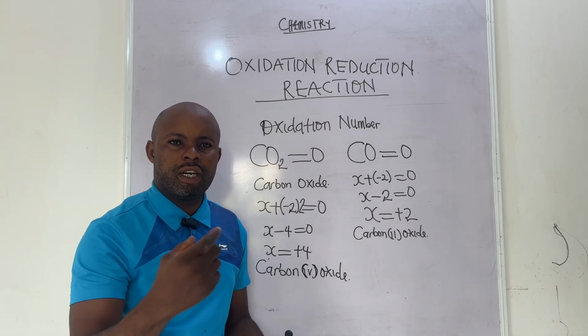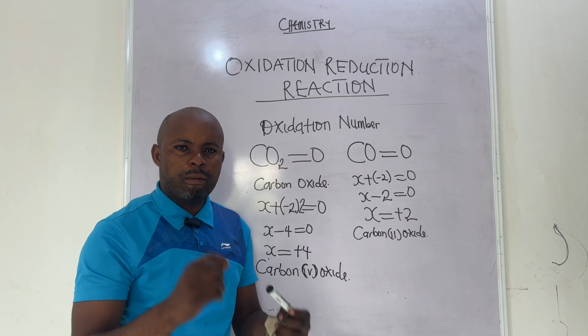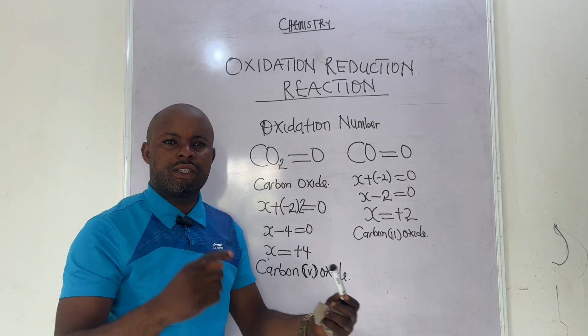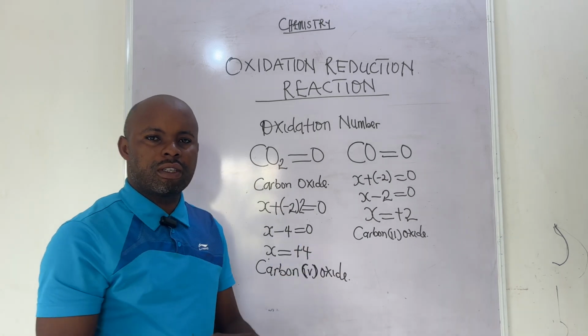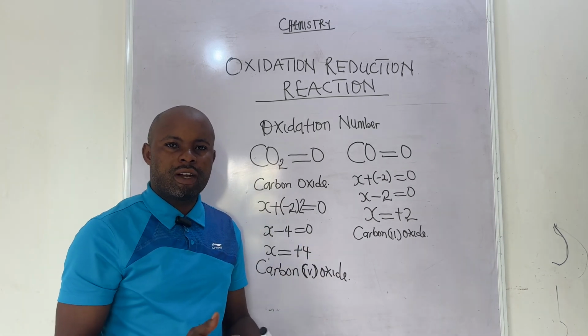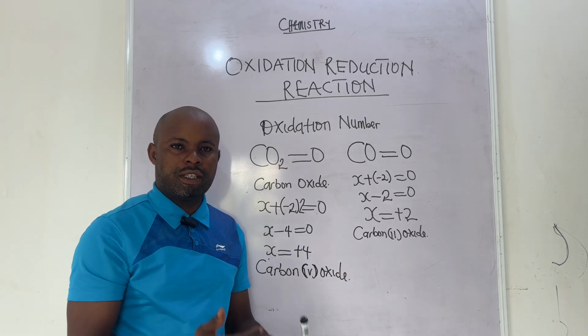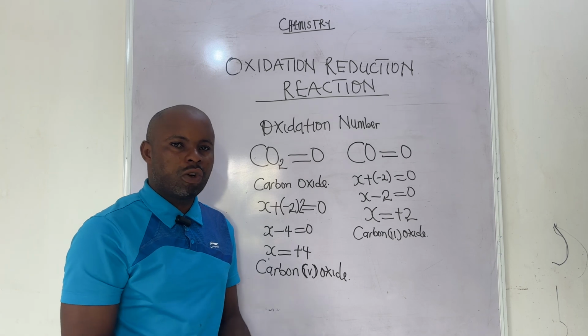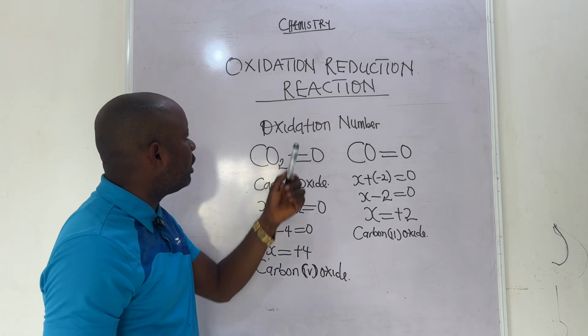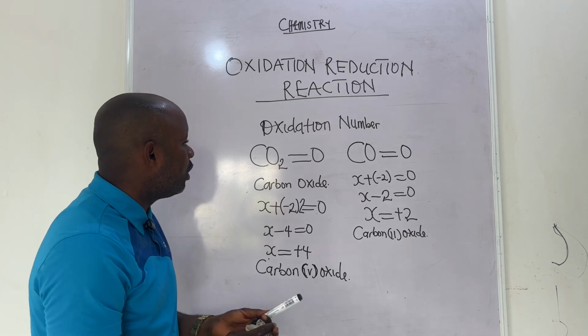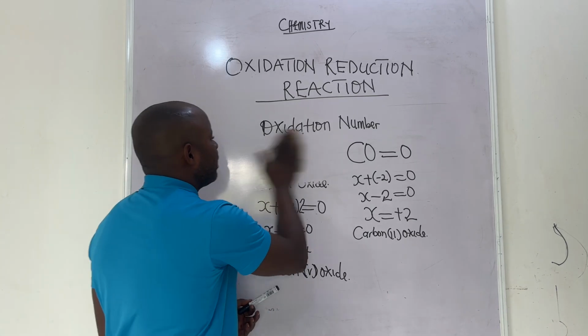So we must calculate the differences in oxidation number between the start and the product formed. By so doing, we can know when a given reaction is a redox reaction or not. So with a better understanding of oxidation number, we are going to move directly to the oxidation-reduction reaction, our topic for today.